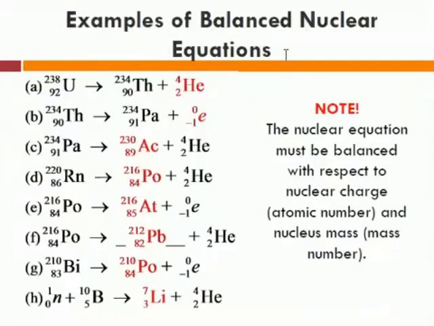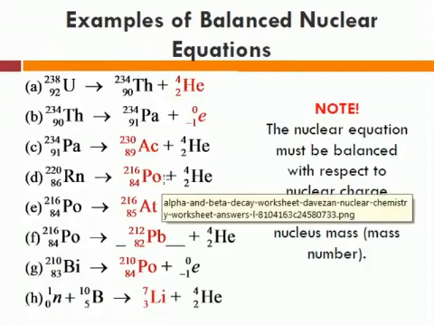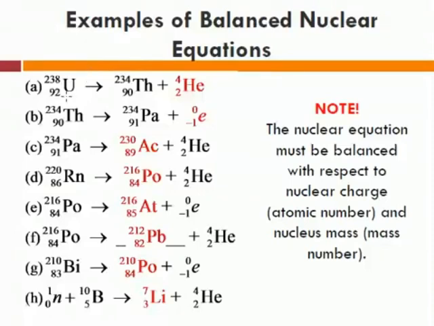So, for example, examples of balanced nuclear equations. The left side is the reactant side and the right side is the product side. Look for the atomic number and the mass number.